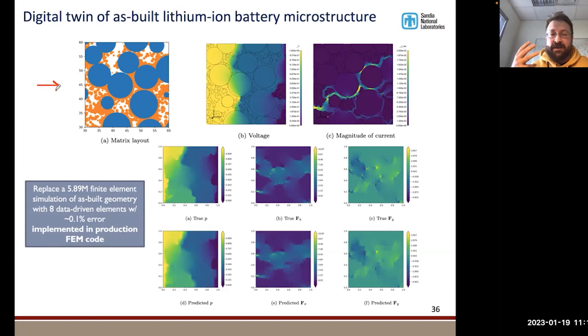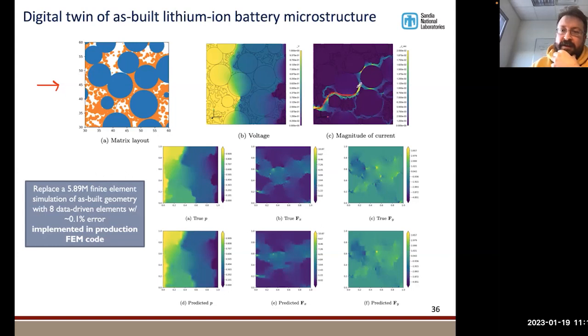And it's an absolutely massive mesh. This toy 2D problem is 6 million finite elements, but we're easily talking about billions or even hundreds of billions if we're talking about an actual battery. So we can afford to do a handful of those. This is the digital twin thing where we can't actually build it up.